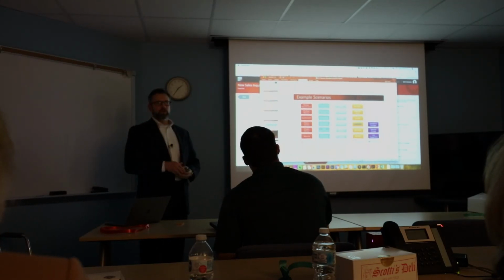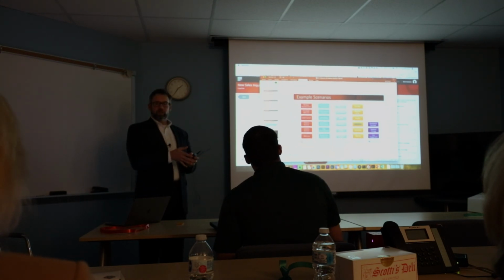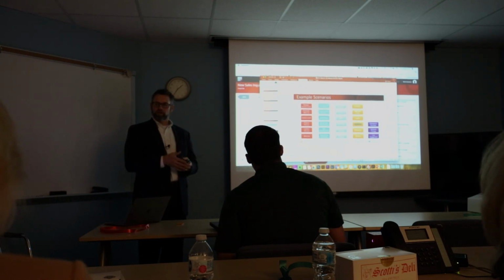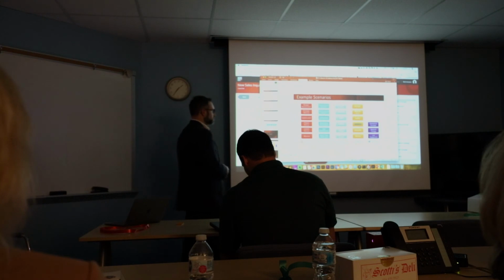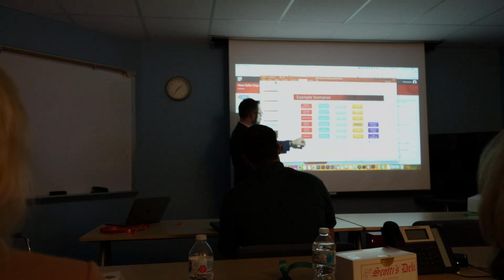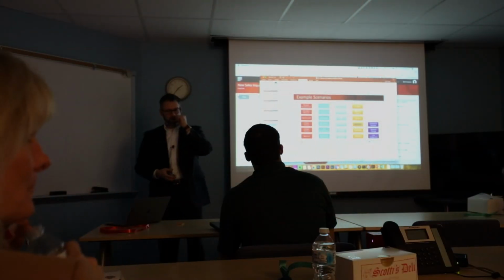But these are something that I know as a marketer, oftentimes you're just wondering, what do I start with from a marketing automation plan? There's a lot of great examples of what a plan looks like online, but these are general scenarios like a welcome email or a welcome series, like if you're going into a rewards program or something like that. Stuff like that. These are just examples of what some things could be in a marketing automation plan.